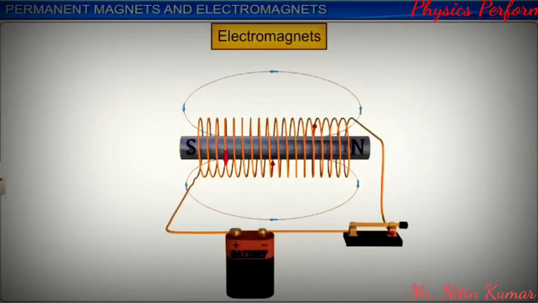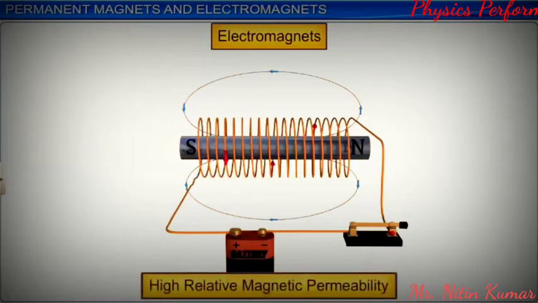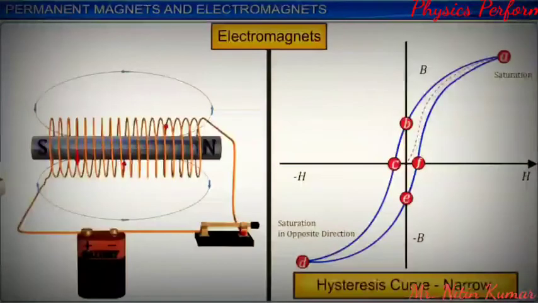Now let's discuss the making of electromagnets. The materials used in electromagnets should have high relative magnetic permeability and low retentivity. However, the hysteresis loop for this type of material is narrow.